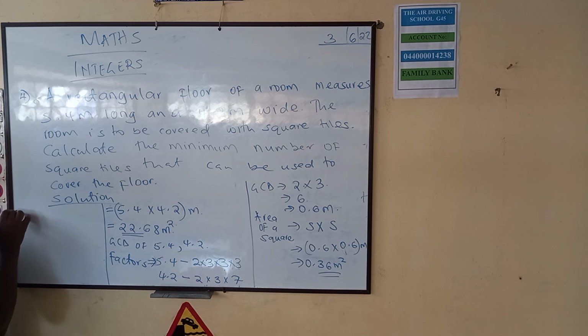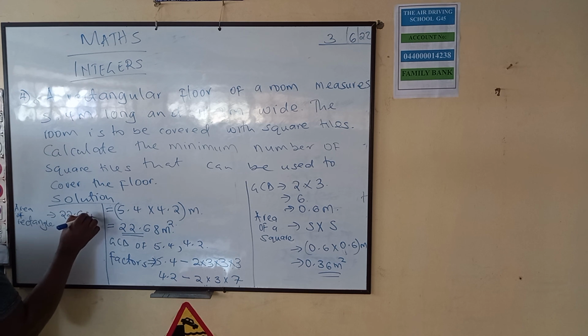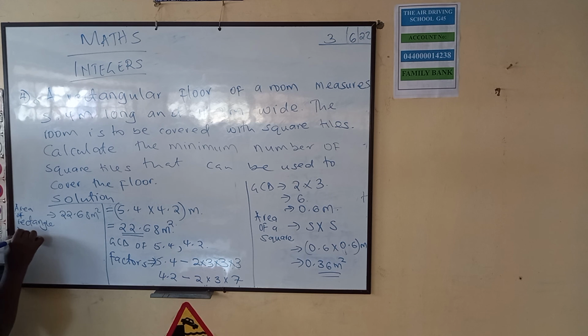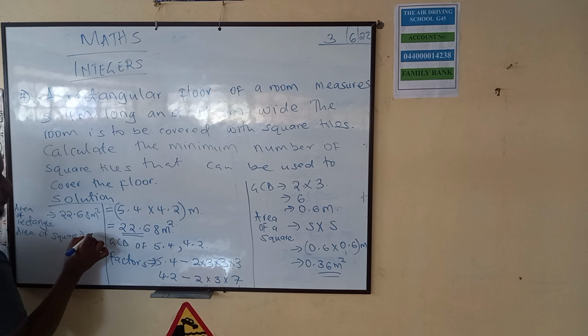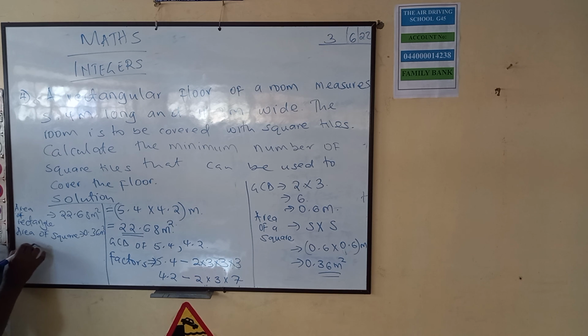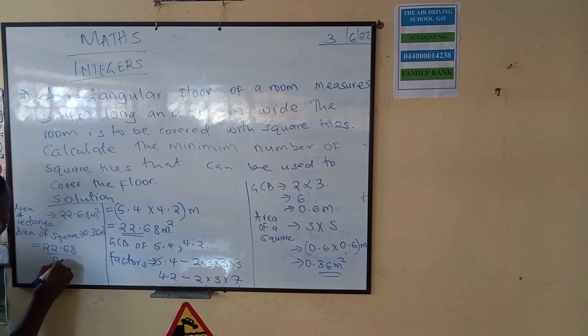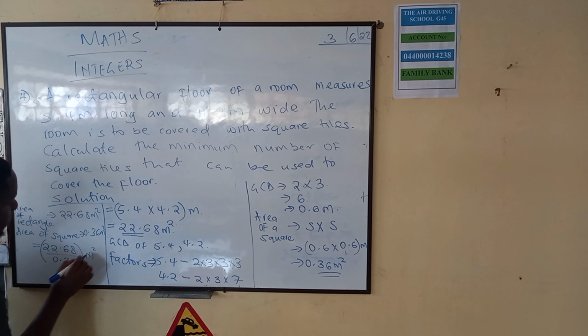Area of the rectangle is 22.68 meters squared, area of the square is 0.36 meters squared. Our next step is just to divide this by this. So you have 22.68 divided by 0.36.